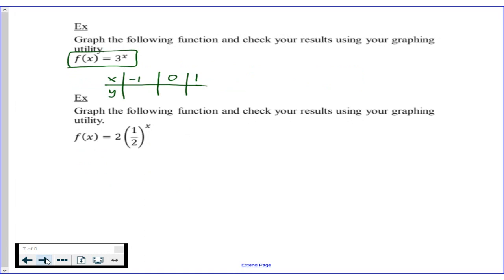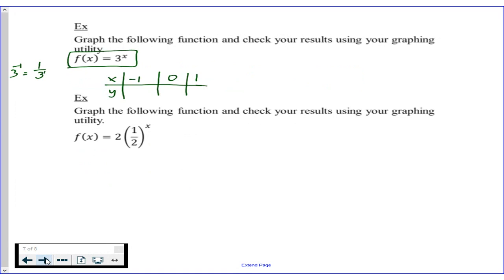The function is 3 to the power of x, so just plug in -1 for x. That is not correct. Exponentials will always give you a positive number. If you have a negative exponent, it becomes a fraction. So for 3 to the power of -1, the negative exponent goes to the denominator and becomes positive. So it is 1 over 3 to the power of 1, which is 1/3.